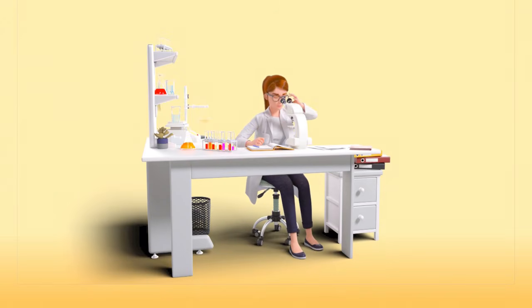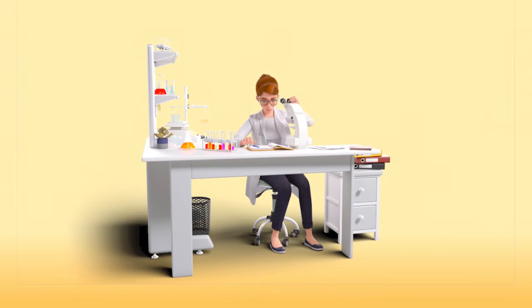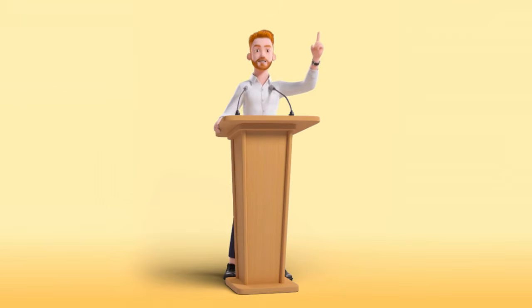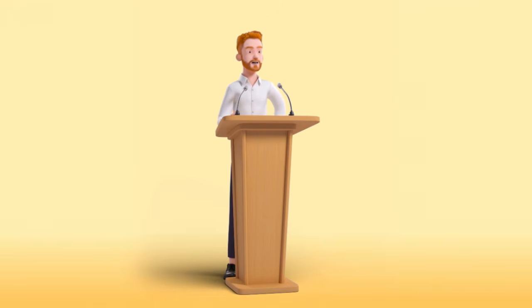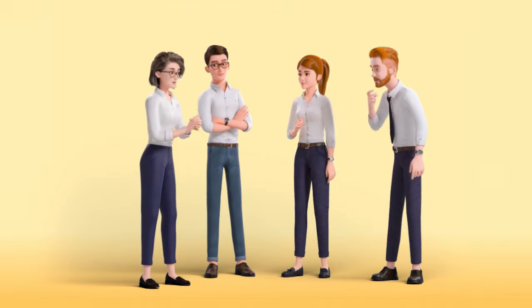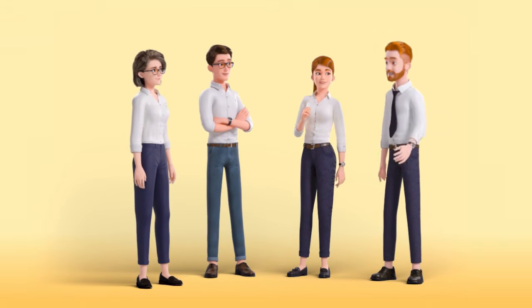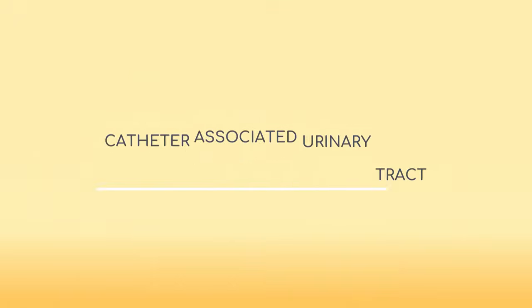Sadly, HAIs not only prolong hospital stays and increase treatment costs, but they also pose a significant risk to patient safety and well-being. The most prevalent types of HAIs include urinary tract infections, surgical site infections, bloodstream infections, MDROs, and pneumonia. While healthcare facilities strive to maintain strict hygiene protocols, preventing HAIs requires a collaborative effort from everyone involved: healthcare professionals, patients, and visitors alike.